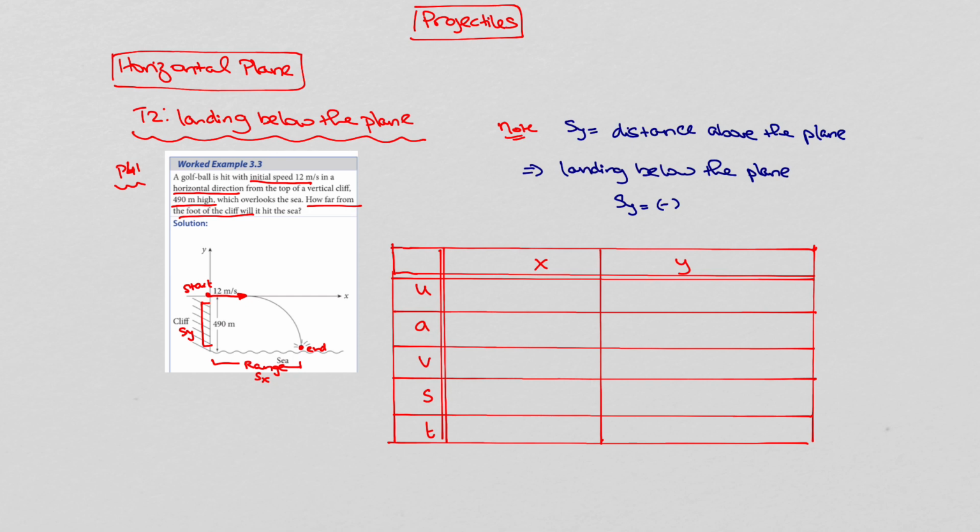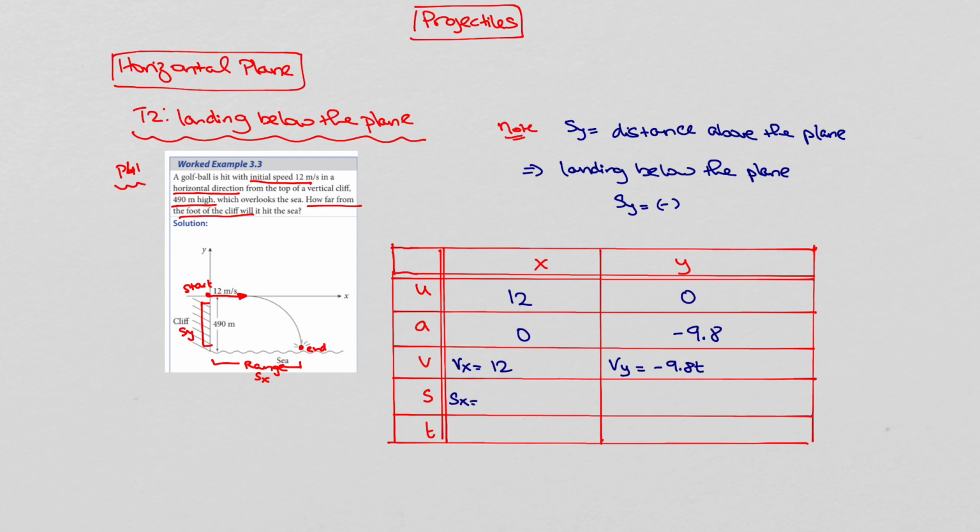So we'll have u in the x direction is 12 and u in the y direction is 0. Our acceleration is 0 in the x direction, and it's going to be minus 9.8 in the y direction. V in the x direction, well, we know that v is equal to u plus at, so that's just going to be 12. And v in the y direction, it's u plus at, so that's just going to be minus 9.8t.